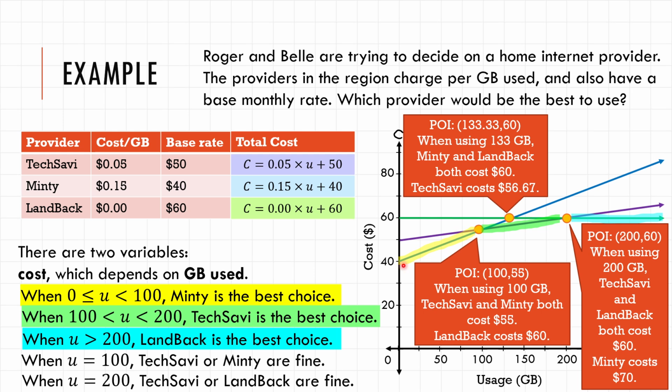So we figured out in the context of a problem like this, where you have several things that you're comparing, and each of those things forms a linear relation, you can graph all of those lines and look for the points of intersection to help you understand which would be the best in which context.